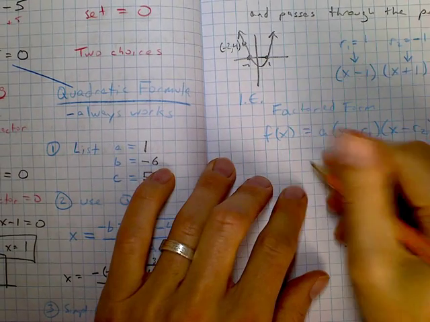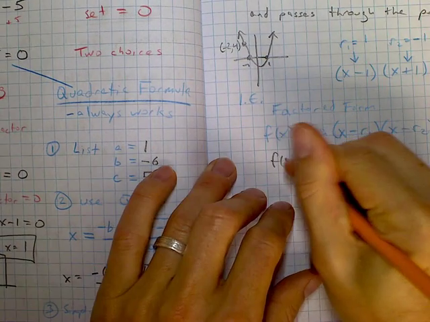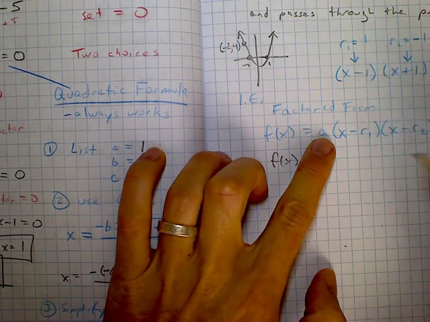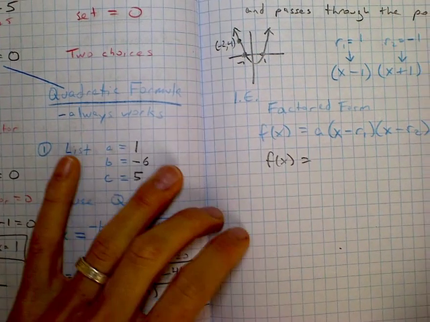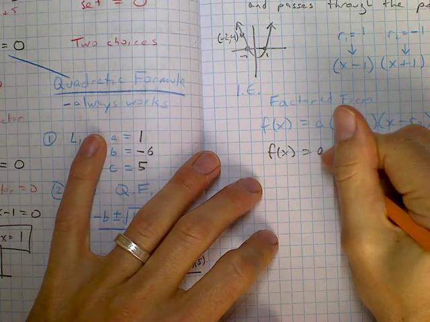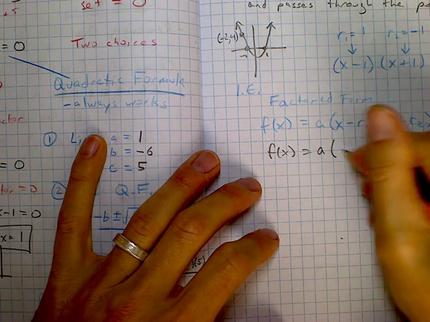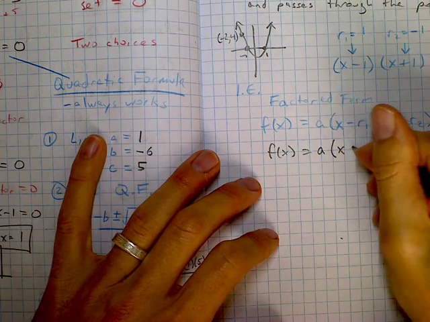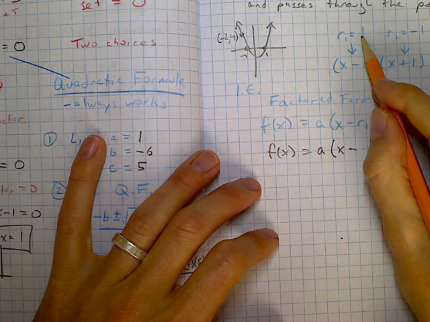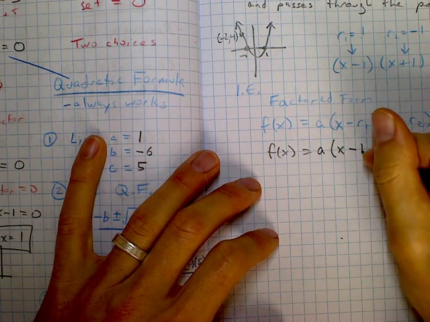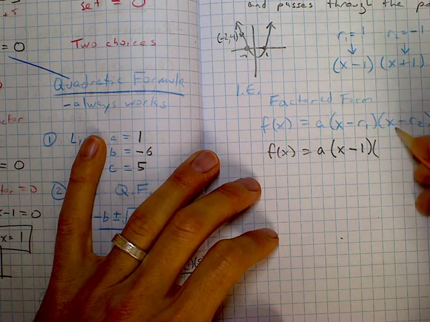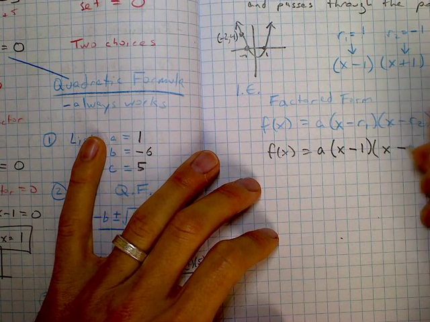So here's my function. Now, do I know what this value of a is yet? No, I'm not sure. But I know what my roots are. So x minus, my first root was 1, so I'll put a 1 there. And then x minus, and my second root was -1.